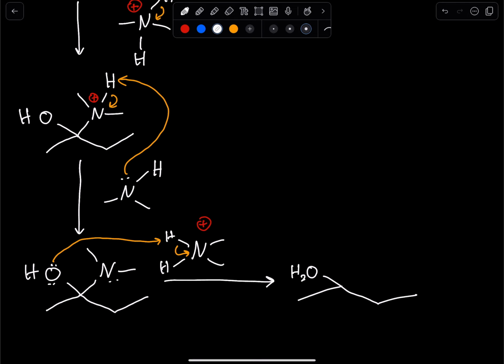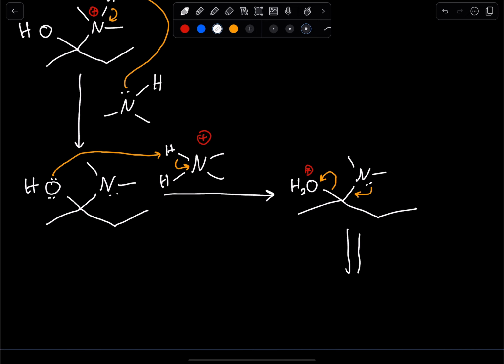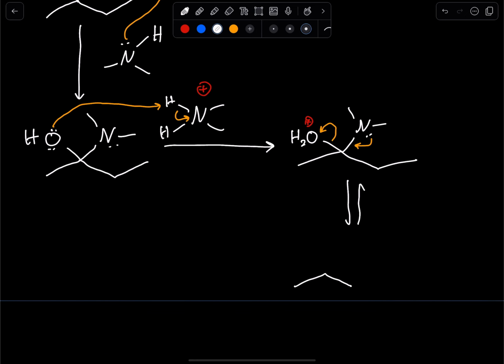This becomes OH2, which is effectively water, and then this will become a normal nitrogen, and he will try to form a double bond, and the water will leave, leading to this. And again, we take the water out of the solution as it forms so that the equilibrium shifts in this direction.